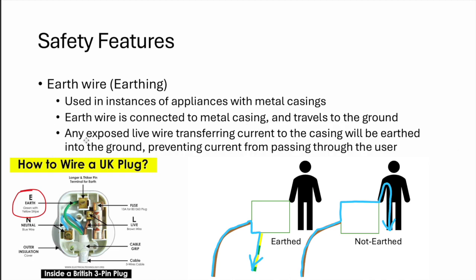Electricity always wants to find a way back into earth or back to the neutral to complete the circuit, and you don't want to be a part of the circuit. So in earth wires, usually there's no current passing through. It's connected from the metal casing all the way back into the earth via the way the apartment building is built. This way the current does not pass into the user.